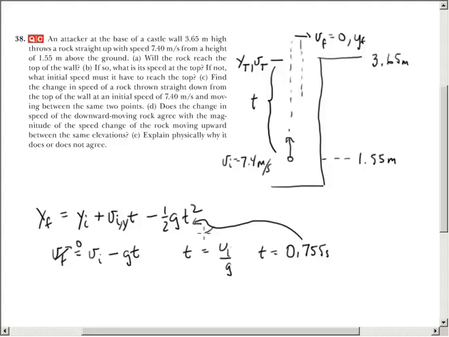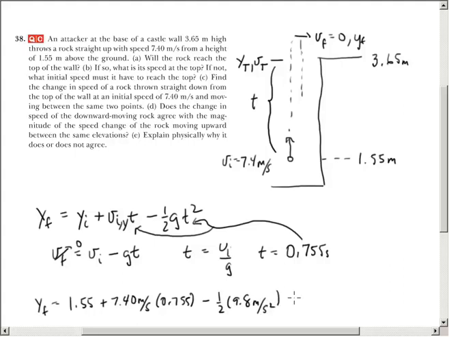Now we can go ahead and take this time and we can put it back into this equation here. And so we have YF equal to, and YI initial was 1.55 plus 7.40 meters per second times 0.755 minus 1/2 times 9.8 meters per second squared times 0.755 seconds squared.